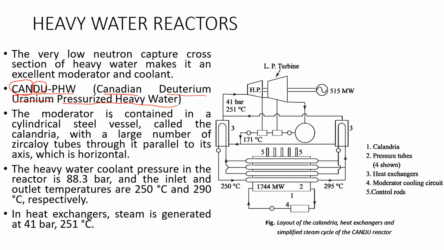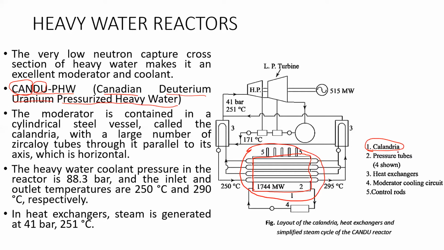Here the moderator is contained in a cylindrical steel vessel. We can see that this is the main core of the reactor. This square part is the calandria, where the uranium fuel is placed.